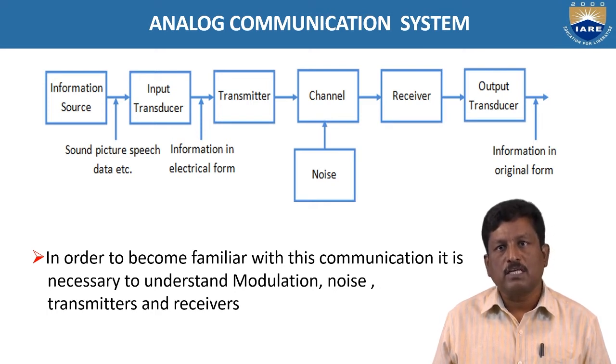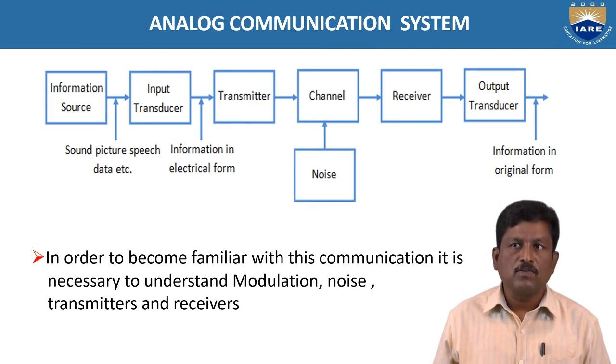At the beginning, the input transducer converts the sound signal into an electrical signal. An example of this is a microphone. Coming to the output transducer, it converts the received electrical signal into the original physical sound signal.